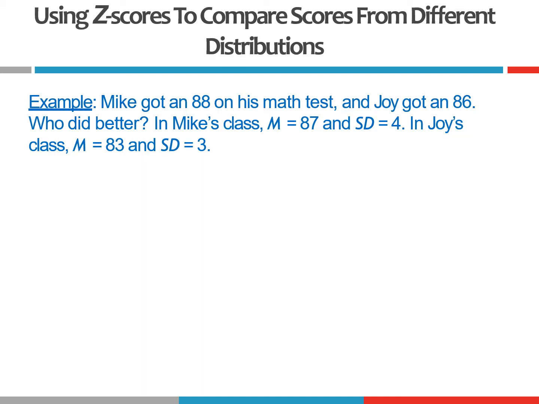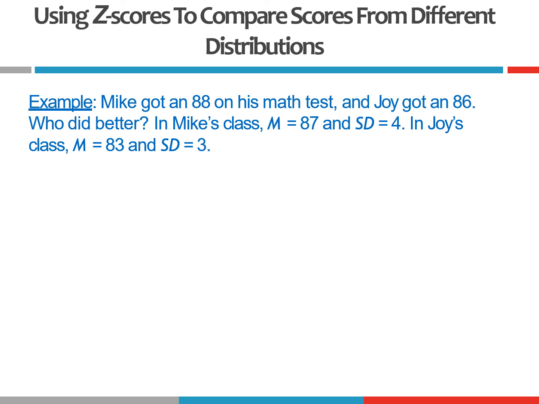Okay. So one more thing that we can do with z-scores is use them to compare scores from different distributions. What do I mean by that? Well, let's look at this example. Mike got an 88 on his math test and Joy got an 86 on her math test. Who did better?